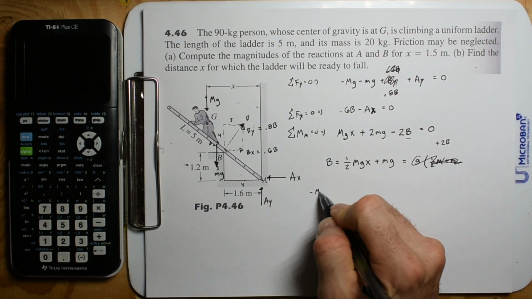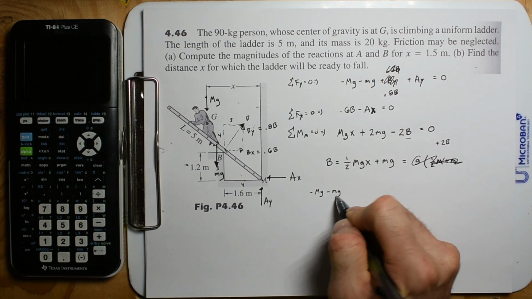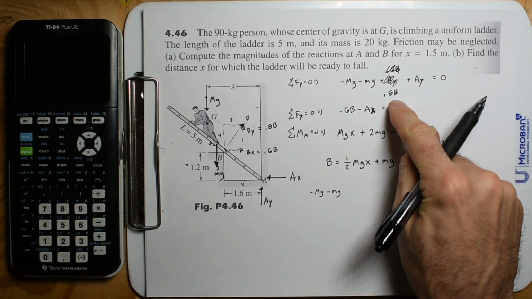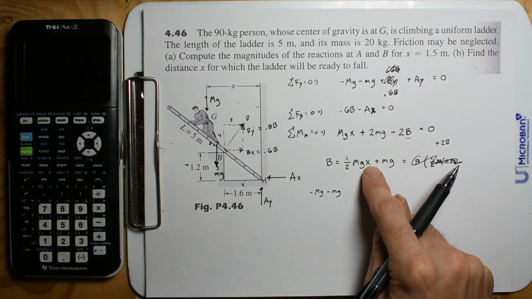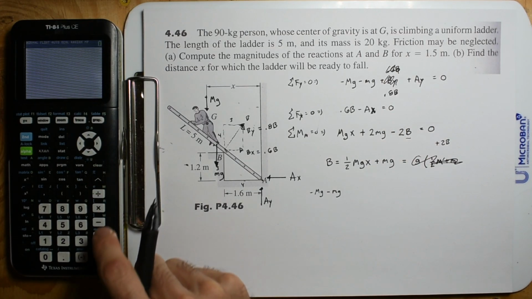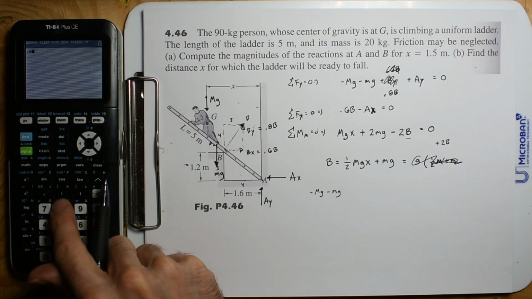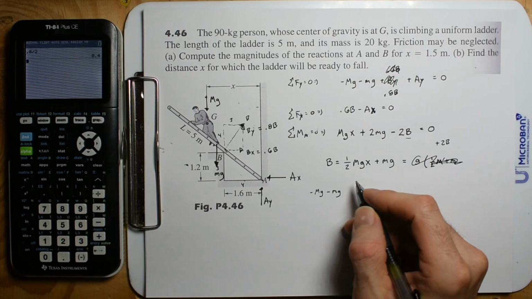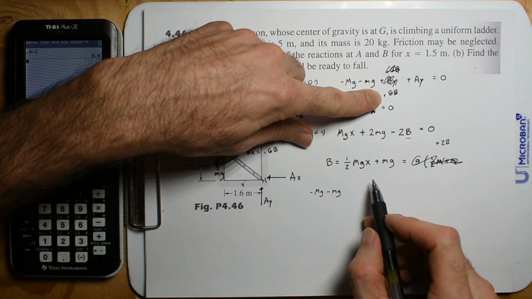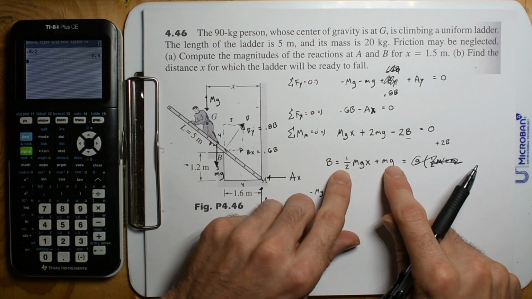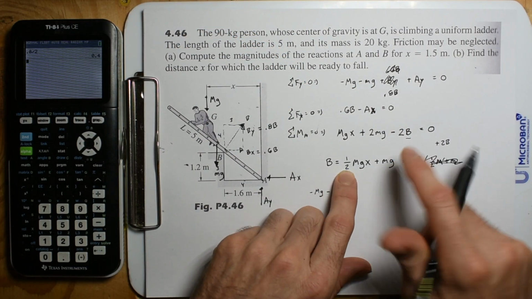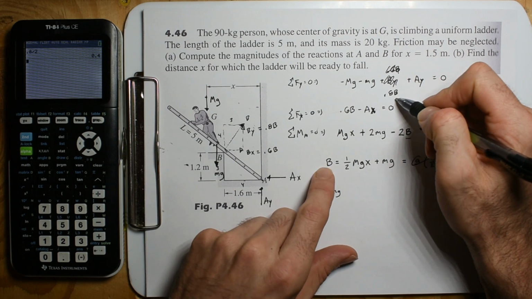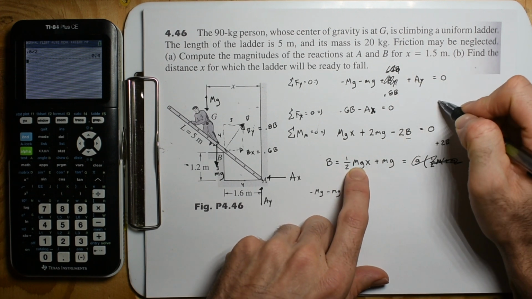So we have negative mg minus mg. I'm just following along, and then we got 0.8 times this. 0.8 divided by 2 is 0.4. Sometimes it's easier to do this in 2 parts. If I need to multiply this by 0.8, I can just do that as a side.